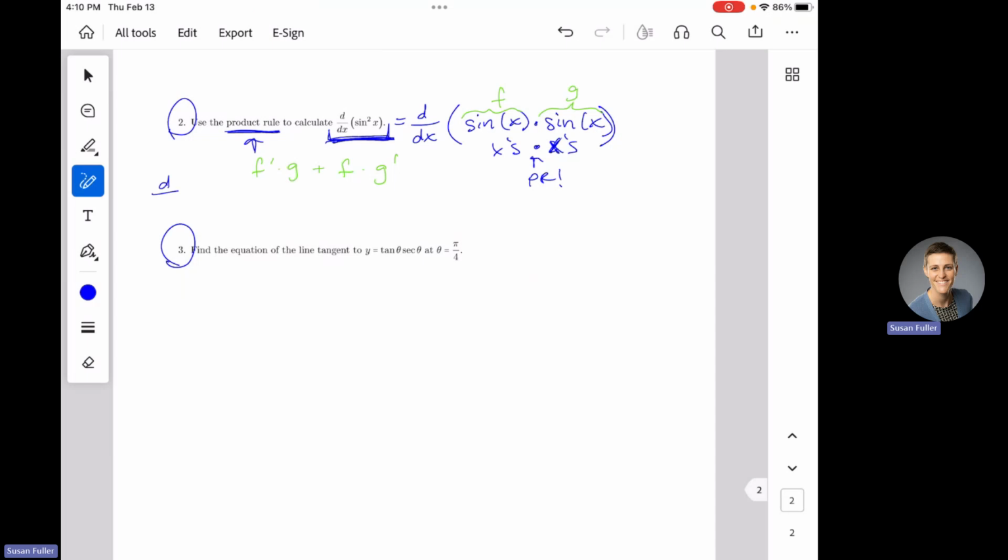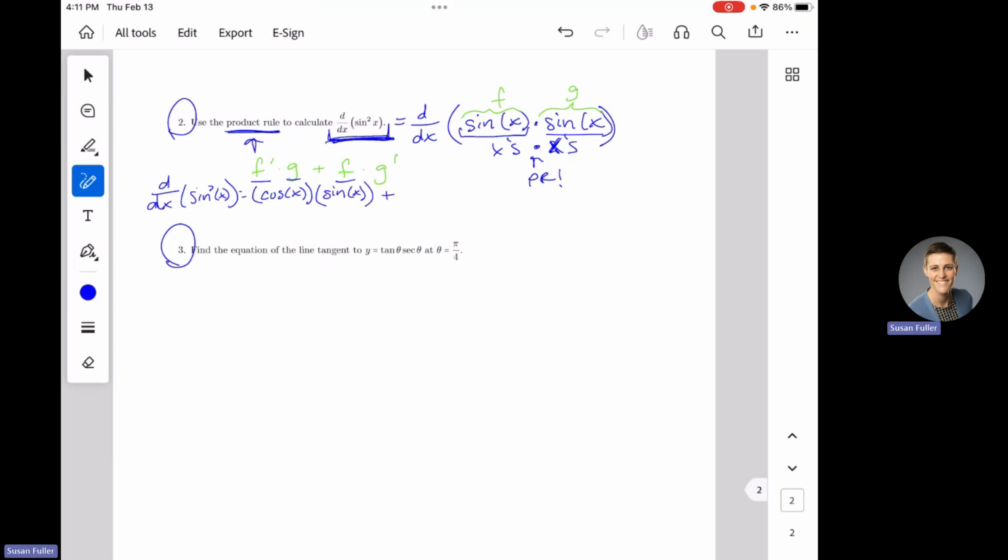Okay, so what we're looking for here, f prime. Well, that's going to be the derivative of the sine of x. The derivative of sine is cosine of x times g. My g as is, that's the sine of x.